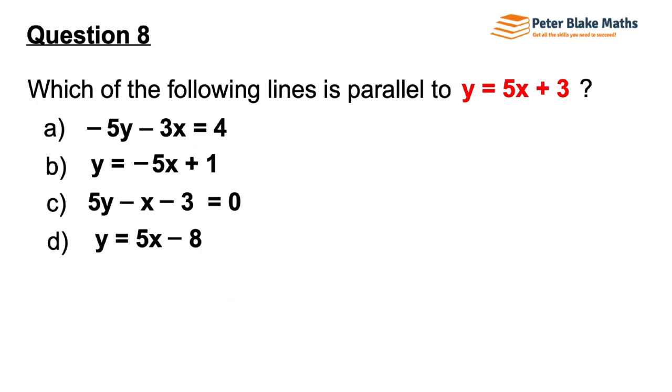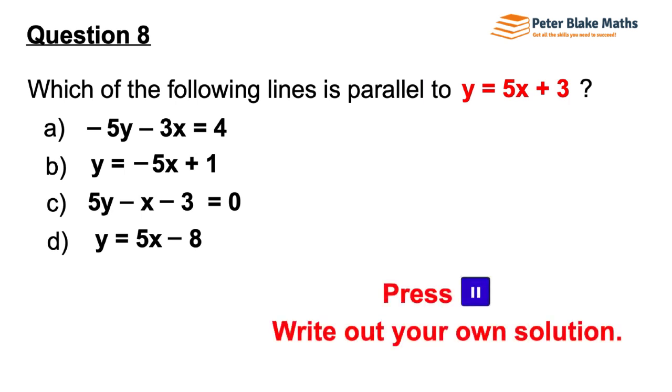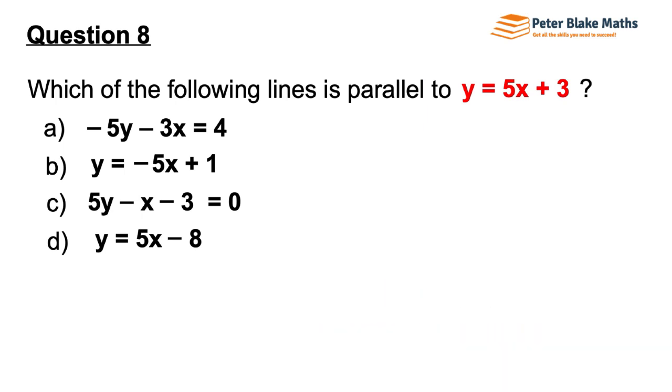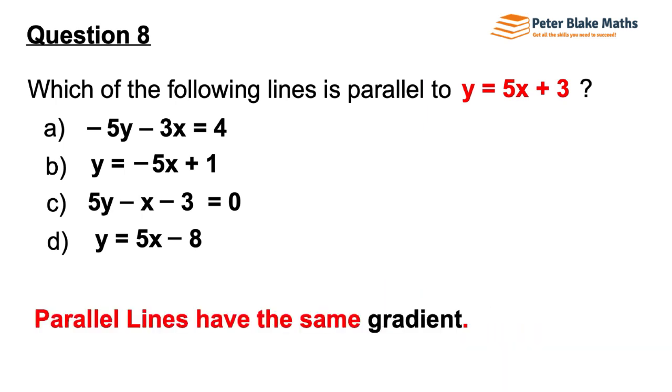Question 8. Which of the following lines is parallel to y equals 5x plus 3? Now y equals 5x plus 3 is in what we call the gradient y-intercept form.